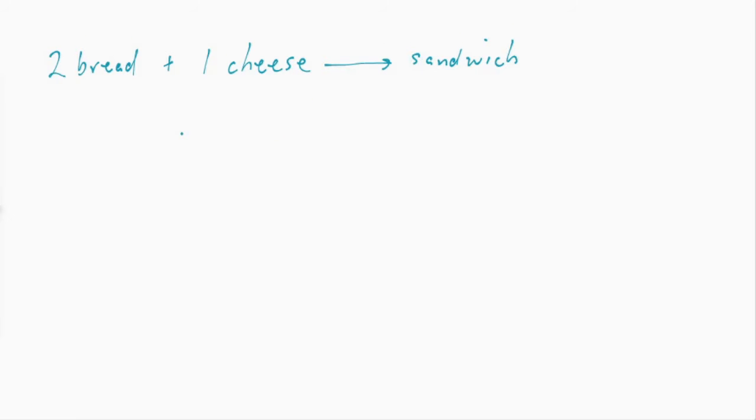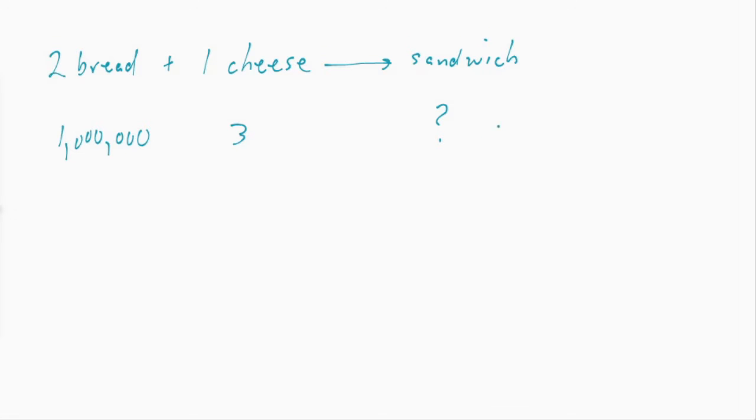Now, I know you're probably like, this is really silly. Why are we talking about this? Because if you understand this concept, you understand limiting reactants. So if I told you I have 1,000,000 pieces of bread and I have 3 pieces of cheese, how many sandwiches can we make?